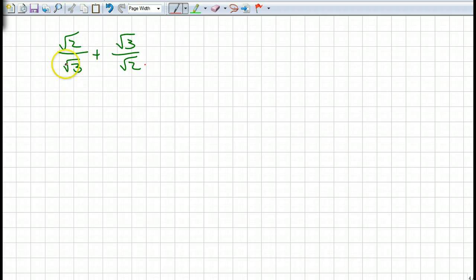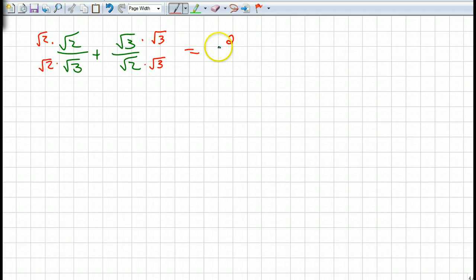I have a square root of 3 and a square root of 2. The fastest way is to multiply by the other denominator. So this will be multiplying by square root of 2 on both top and bottom. This will be square root of 3 top and bottom. When I do that, the square root signs fall away on the top of this one because they're both square roots of 2.